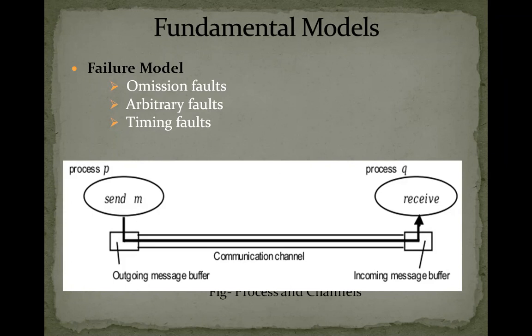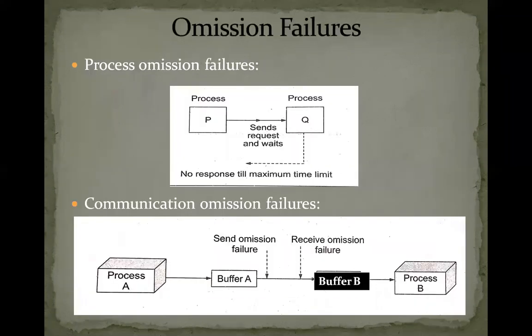So if the process can certainly detect that a process has crashed, that is called fail stop crash. This is the first one, fail stop crash. What happens in this? If there is a process P which is requesting process Q for a certain service, process P goes into the wait state.